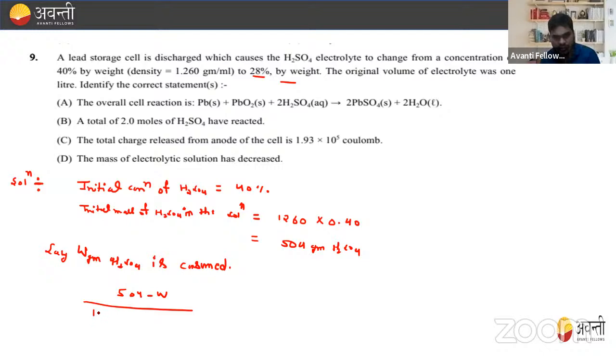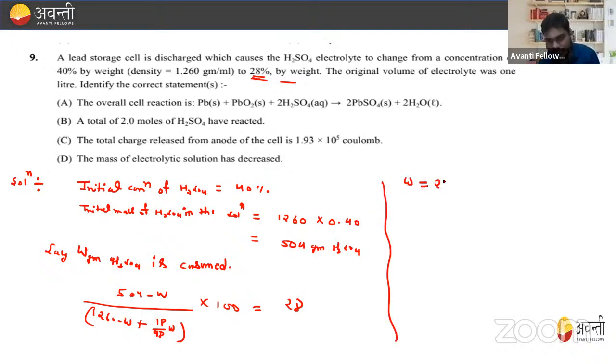So it is equal to (504 minus W) divided by (1260 minus W plus 18/98 into W), into 100 is equal to 28, right? So this is the 28% by weight. So we can calculate like this. On solving, what you will get is W equal to 196. This is the W.